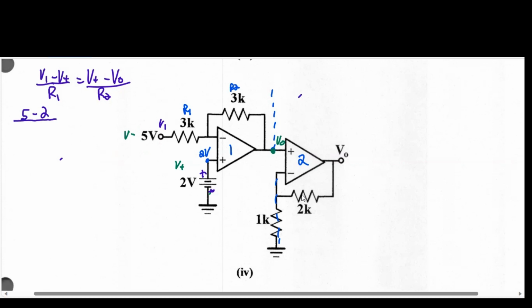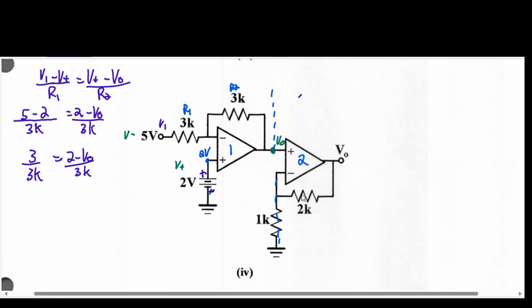Divided by R1, which is 3, is equal to V plus, which is 2, minus VO on 3K. R2 is 3K. So 5 minus 2 is 3 on 3K, which is equal to 2 minus VO on 3K.